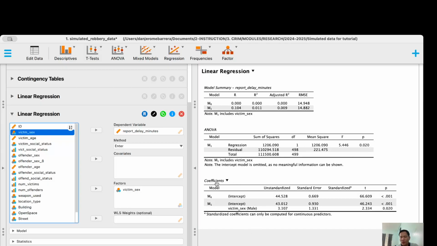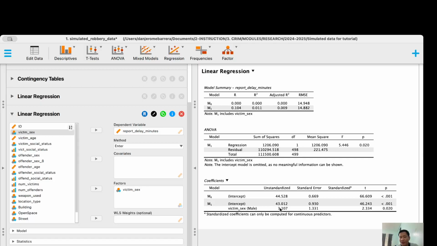So let's go to the coefficients table. So this is the coefficients table. What is a coefficient? Coefficient here is the unstandardized coefficient. For example, for victim's sex, the coefficient is 3.107. This is the most important component of the coefficients table.